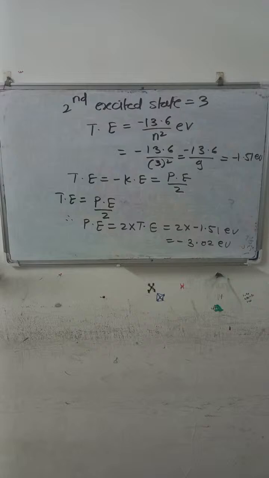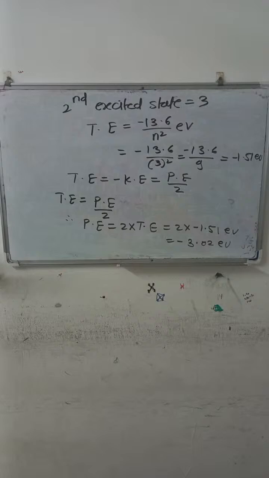Okay, so I will repeat the options one more time. A: 1.01 into 10 raised to minus 10 meter. B: 1.59 into 10 raised to minus 10 meter. C: 2.12 into 10 raised to minus 10 meter. D: 4.77 into 10 raised to minus 10 meter.